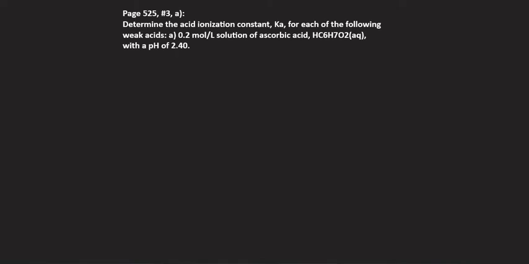Okay, so let's write out an ice table. Now, it isn't going to be your typical ice table. We have to interpret what's being given to us in the question. So C6H7O2, okay, in the presence of water.